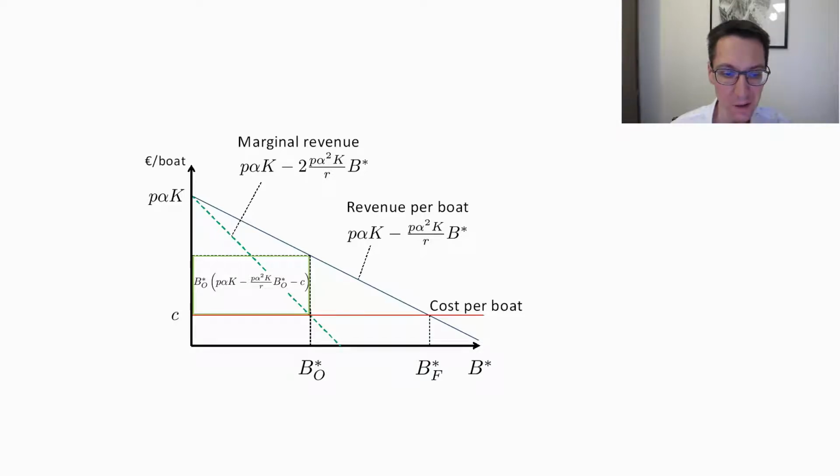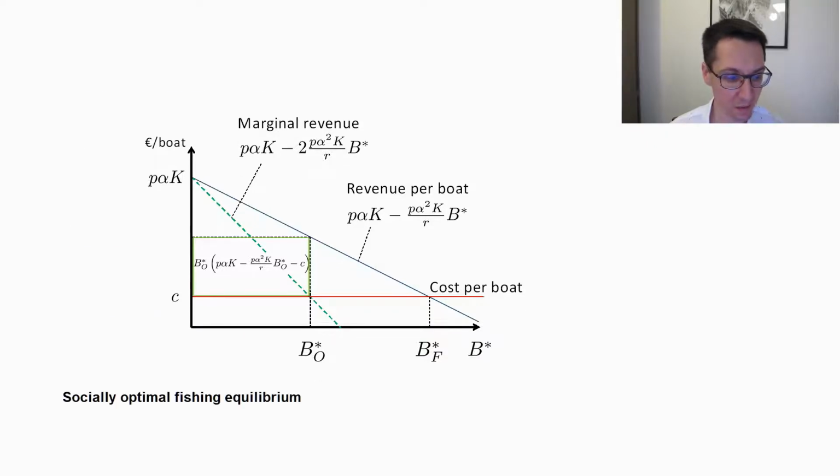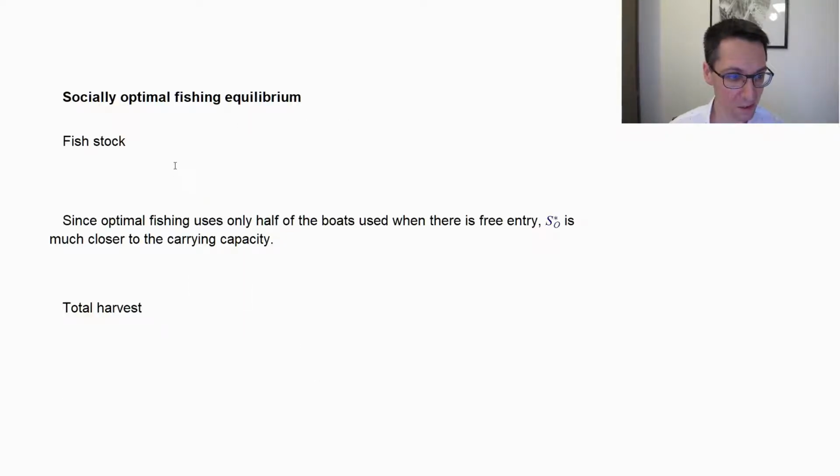We have found our optimal number of boats in the equilibrium, which is B star O. So let's go ahead as before and find out the other quantities we want, like the equilibrium stock and the harvesting. So what is the fish stock?